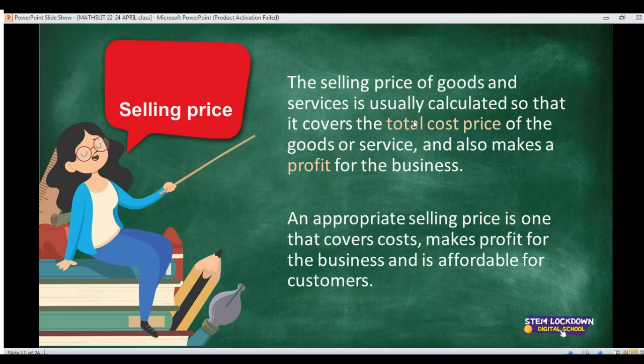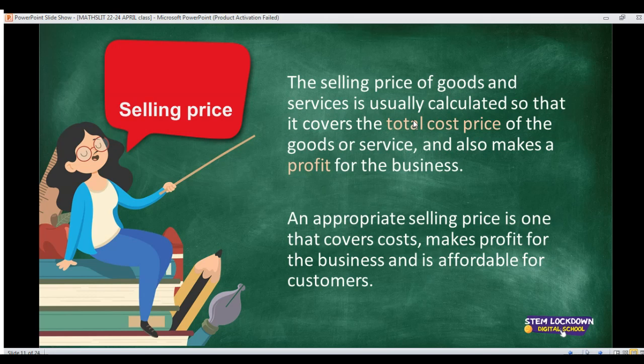You can't be selling a t-shirt where the cost of getting those t-shirts, of sewing those t-shirts, costs you only about 100 rand, and you want to sell the t-shirt for 500 rand. Do you understand that if you top up the profit so much and make it unaffordable for customers, then they will not pay and your business will still run at a loss, because at the end of the day, you are still depending on the people to come buy your products or services for your business to be successful.